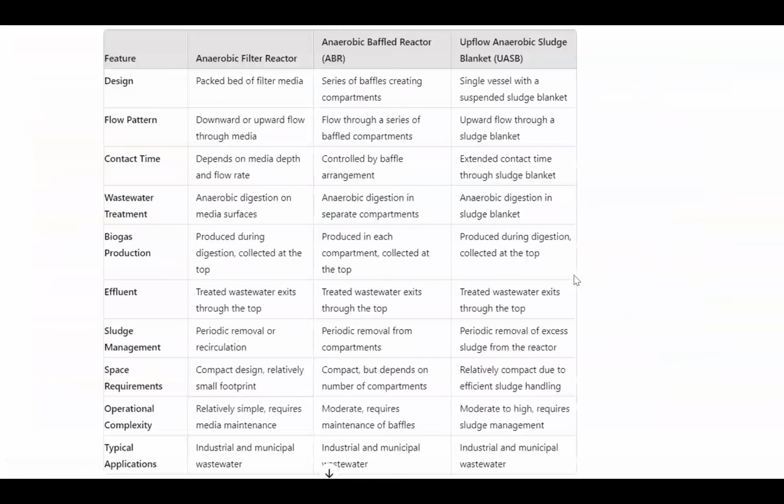Before that, I have given a table for the difference between the three reactors. Here in the design, the anaerobic filter means packed bed or filter media. In the anaerobic baffled reactor, you see the baffles are there, and the upflow is a single vessel. So you can read this and understand the difference.